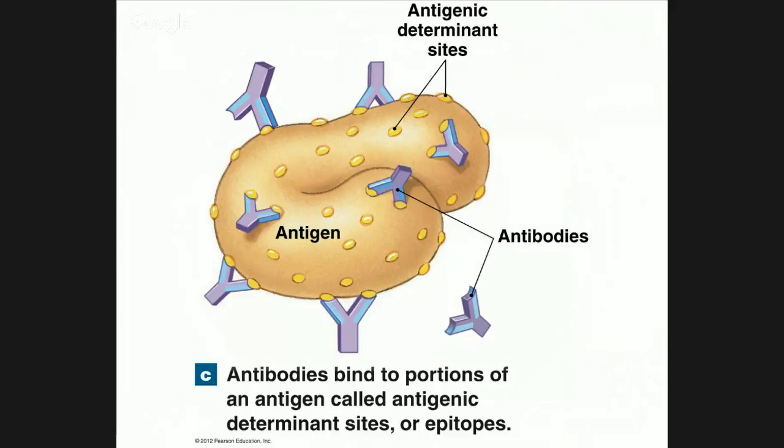And those spots that it recognizes are called antigenic determining sites, or simply epitopes, which are the sesame seeds here. And so when this antigen gets into your body, the antibodies that recognize that specific epitope can bind to it.